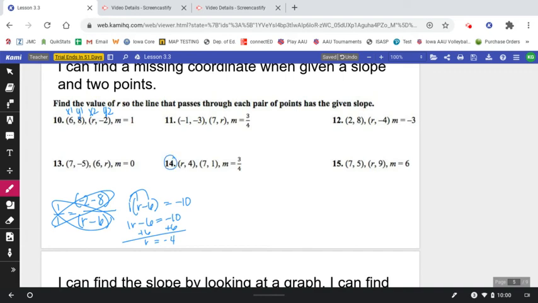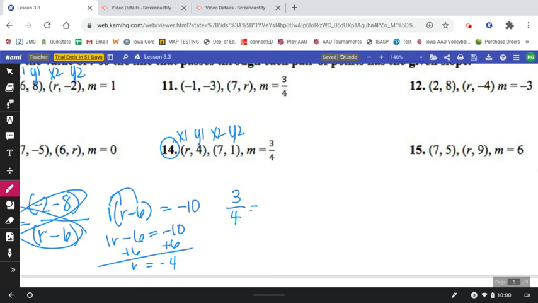Same thing here for number 14. x1, y1, x2, y2. So I set up the slope is 3/4. And that's going to equal y2, which is 1, minus y1, which is 4, over 7 minus r.